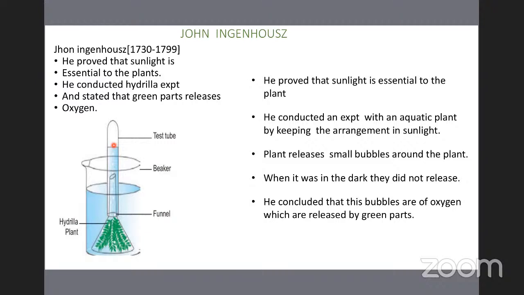As a result, that water comes down into the beaker, and the water level in the beaker gradually increases. So by this, we can say this oxygen is released into the test tube by these Hydrilla twigs as a result of photosynthesis.